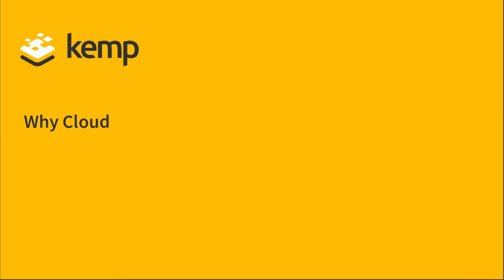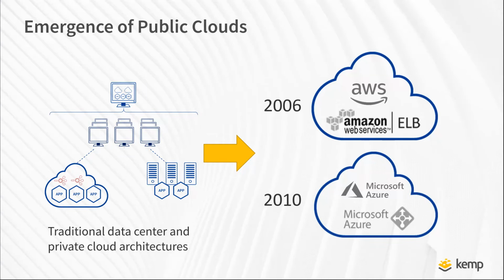So why cloud? What is cloud? Why are we doing it? And what are the benefits for why we want to do all these cloud things in terms of technology? And first, I want to mention that public cloud came about in 2006. Amazon created their cloud infrastructure, AWS, Amazon Web Services, and it was a big hit. And people started using them to put their applications and data into this AWS cloud, this public cloud.